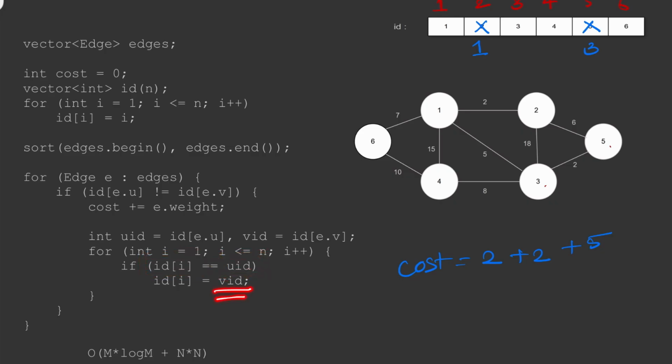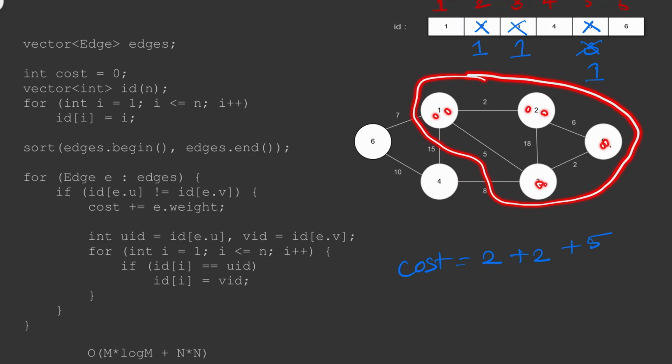Then we update it to VID, the new ID. So we iterate through all the nodes and update the IDs. See, 3 we update to 1, and 5 we also update to 1. Now all four vertices 1, 2, 3 and 5 have the same ID. If you can see, 1, 2, 3 and 5 are in the same subtree now.